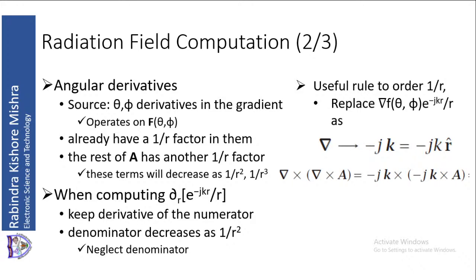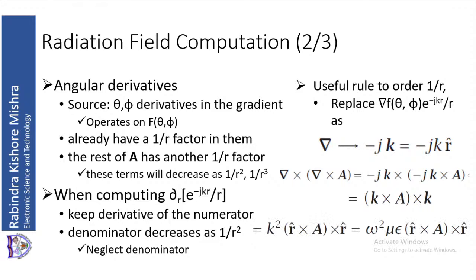Then to find the curl of A, for del we use minus jk, so that will be minus jk cross A, which is minus 1 into k cross A. Now change the order of multiplication, so that will be k cross A cross k.